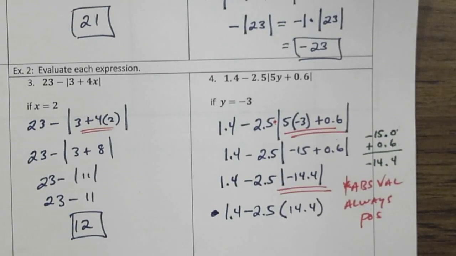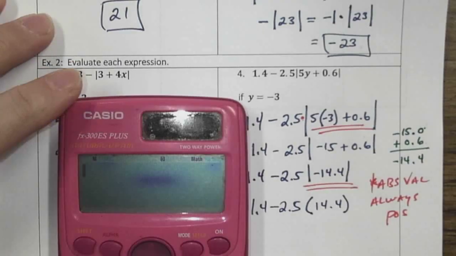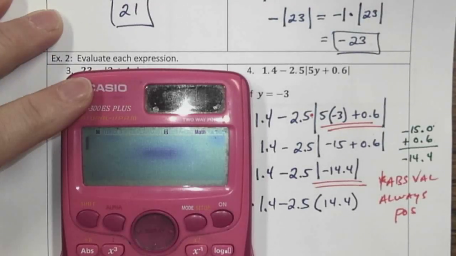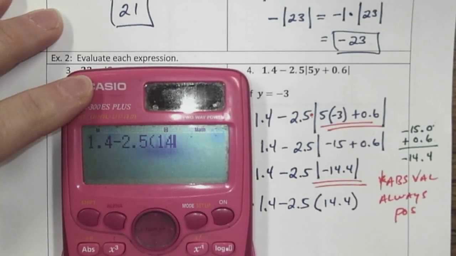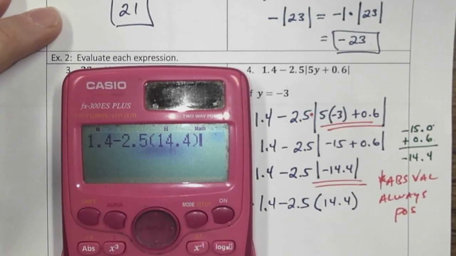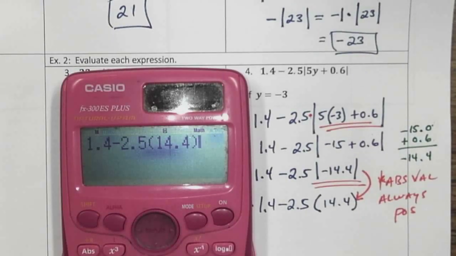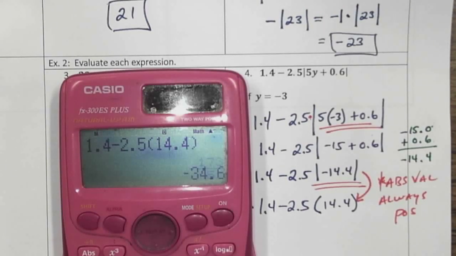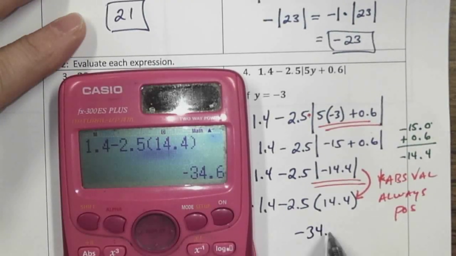The absolute value converted it to a positive number, and now I have this. Now, I'm not going to even mess with the rest of it. That's a lot of decimals, so I will rely on a calculator. Now, when I do that, I put it all in at one time, just like so. But the big key, this becomes a positive without the absolute value. That's the big key right there. We get negative 34.6.